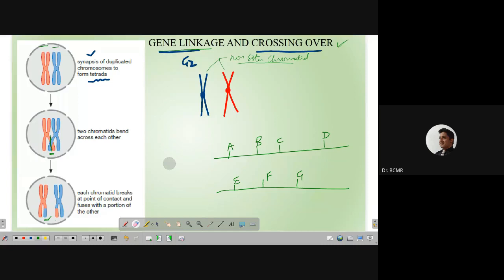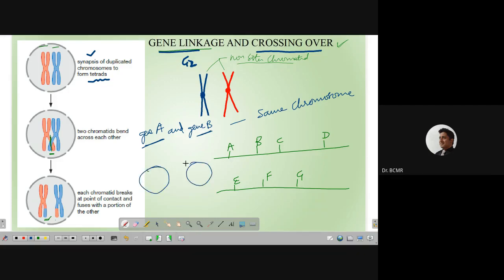Now I'm going to say some sentences, and I want you to understand what they would mean in terms of genetics. If I say gene A and gene B are linked, what that means is they are present on the same chromosome. So when they form gametes, you will often see that A and B go together.